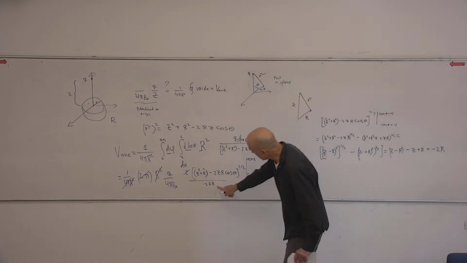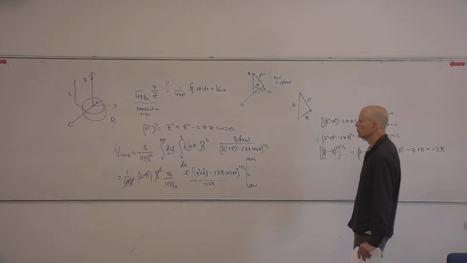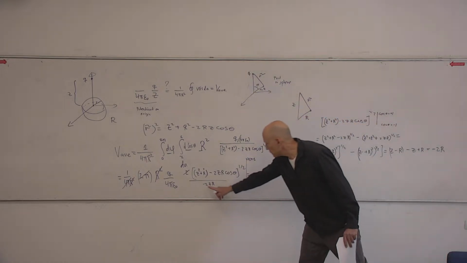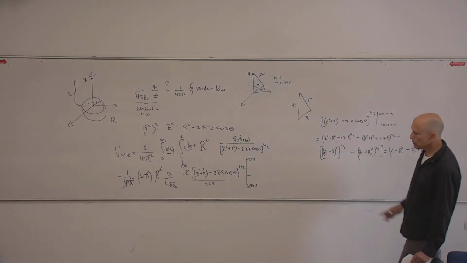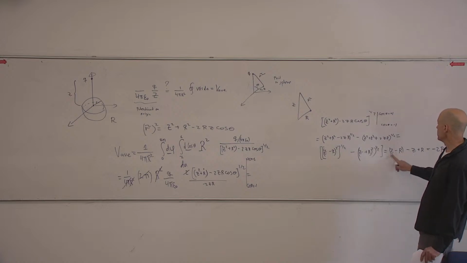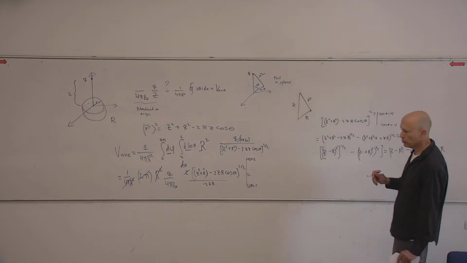This 2r will cancel this r down here. And this minus will cancel this minus. So everything is okay. I didn't put the parentheses.